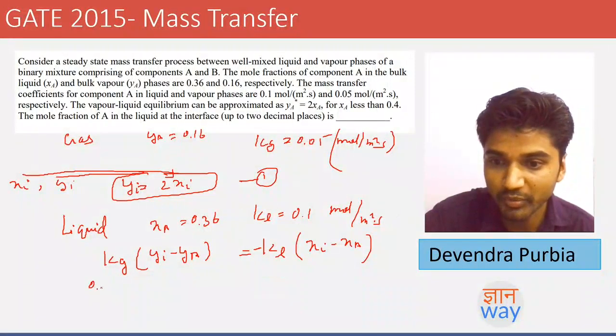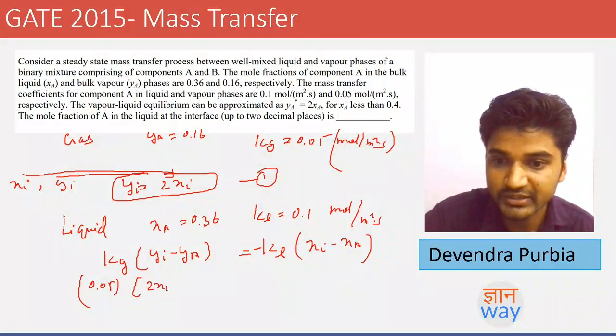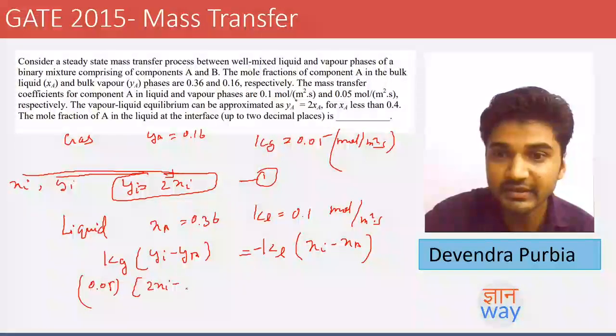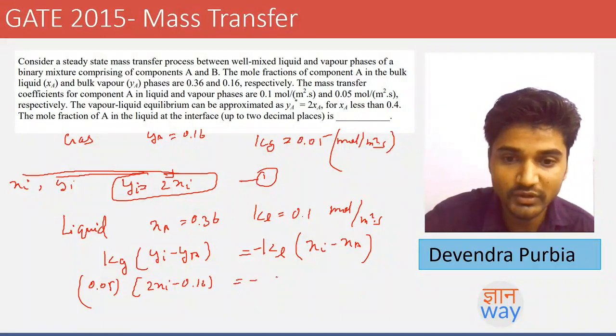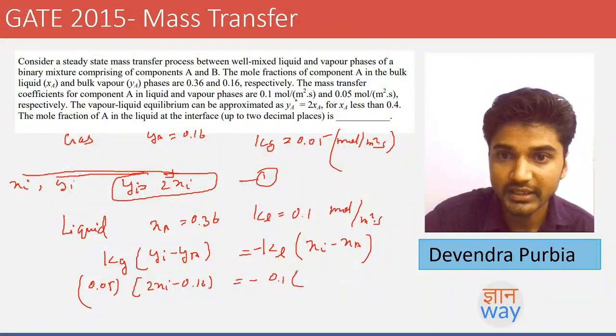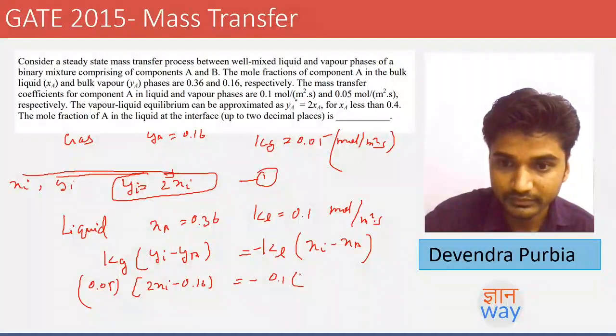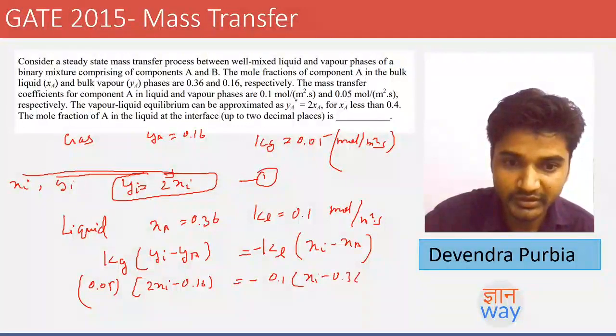So this is 0.05 times 2xi minus ya, which is given as 0.16, that will be equal to minus KL, which is given as 0.1, times xi minus 0.36.